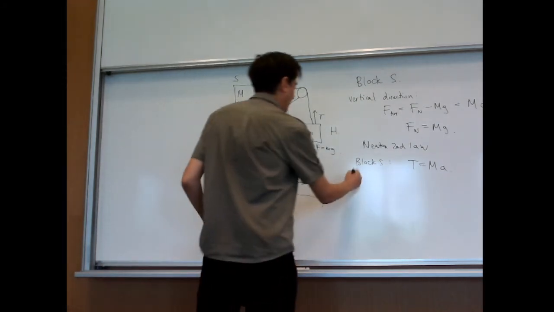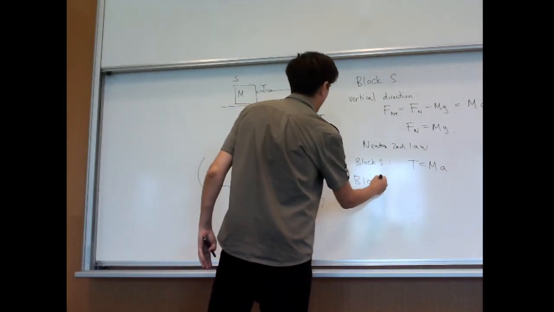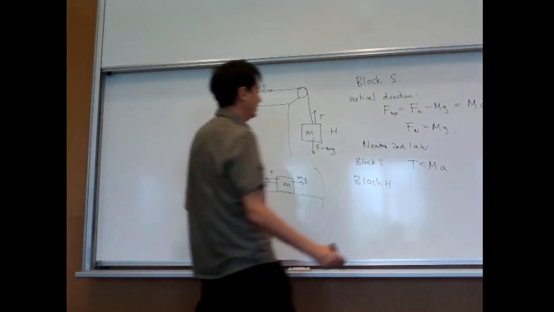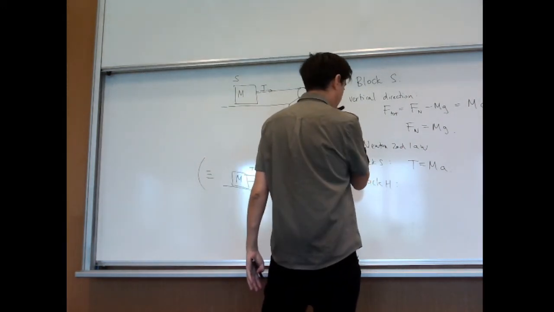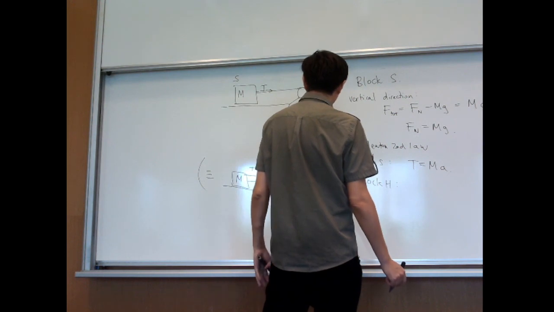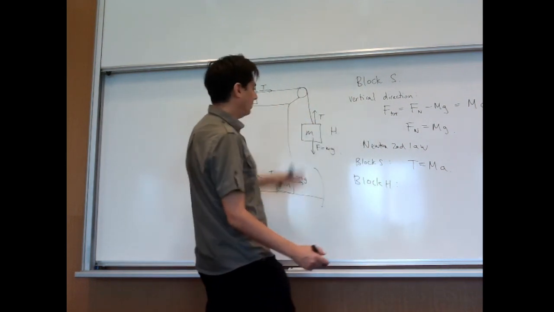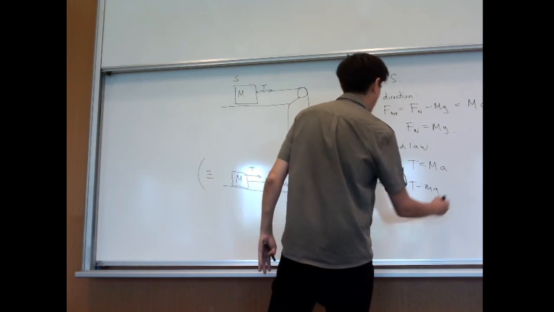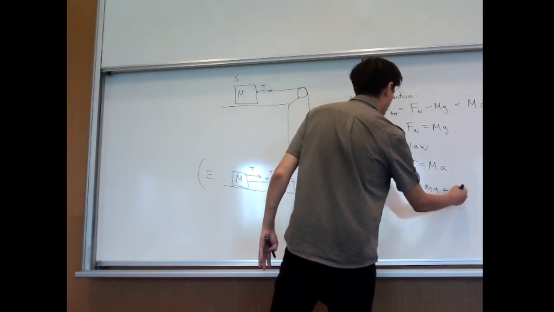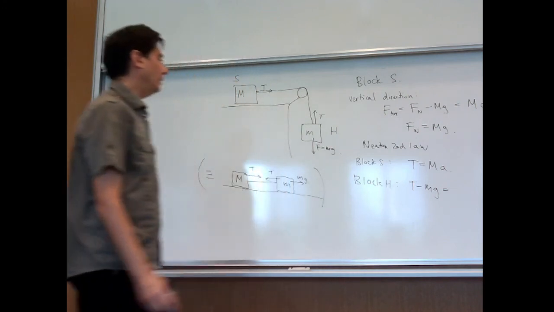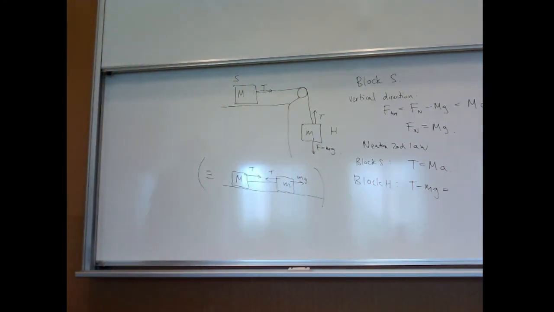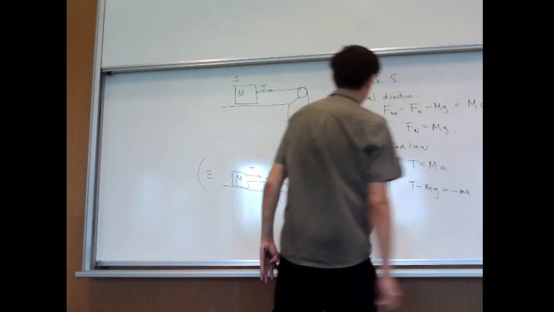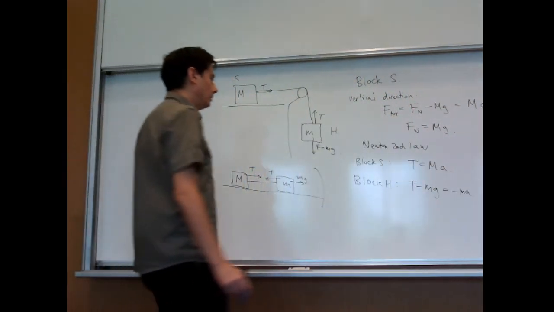That's right. Now you could apply it to block H alone. And then here we've got to add up all the forces. Well, let's keep the vertical direction as positive. And G is equal to... in this case, the acceleration will actually be in the negative direction. So we could do it like that.